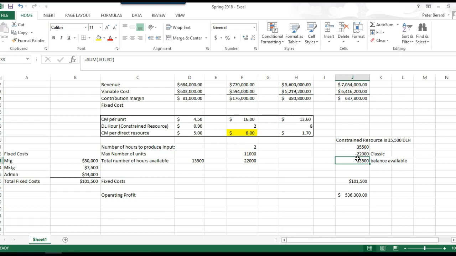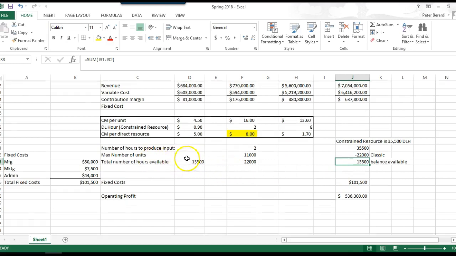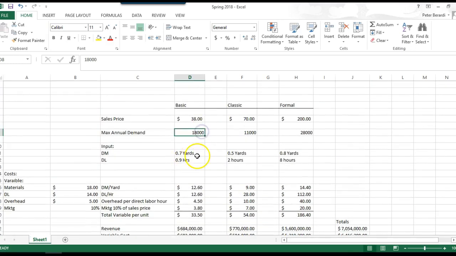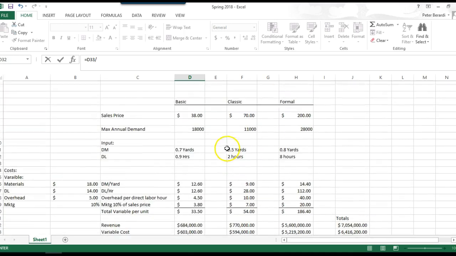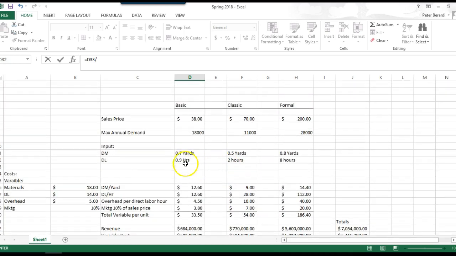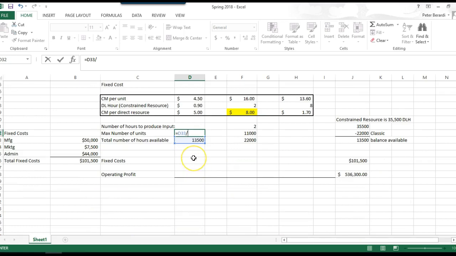That leaves us 13,500 direct labor hours available between basic and formal. So let's see if we can produce all 18,000 of basic. Simply take the 13,500 and divide it by the input of 0.9 hours to make one shirt.